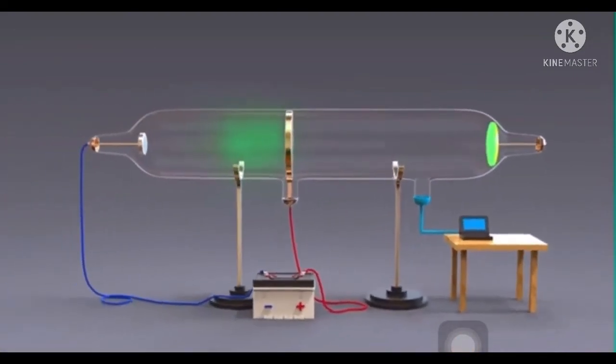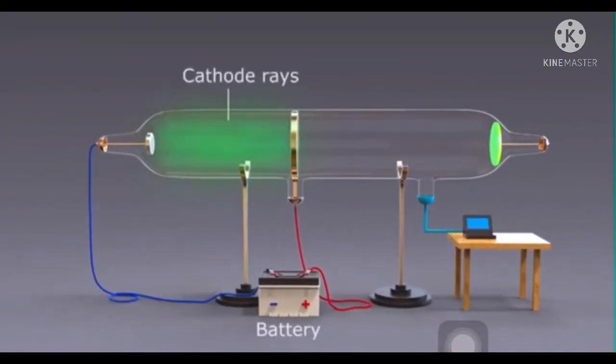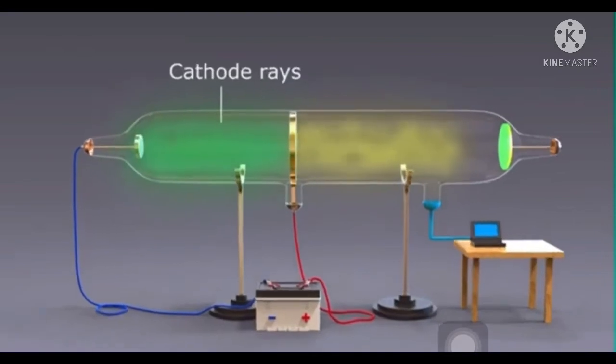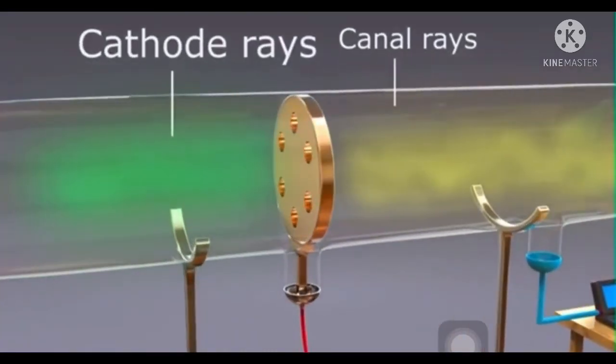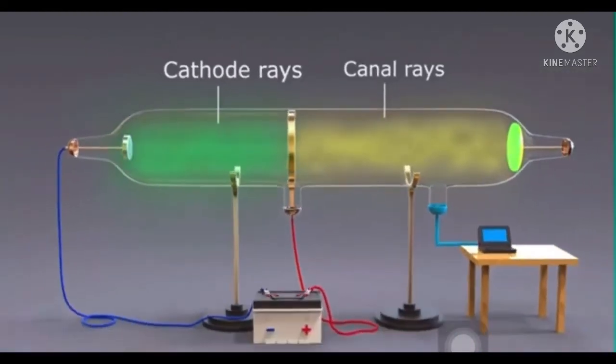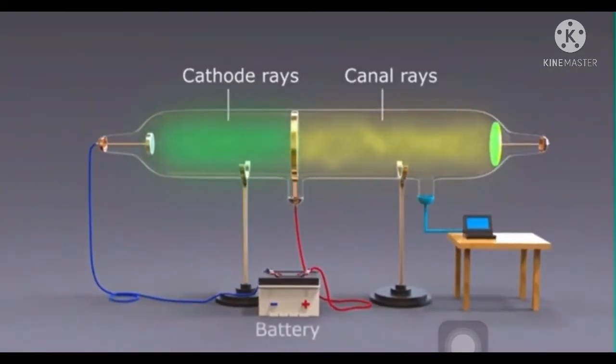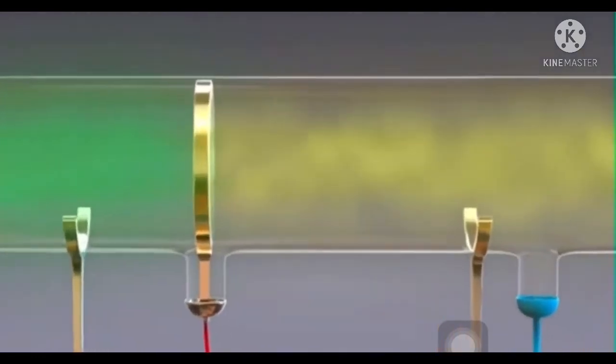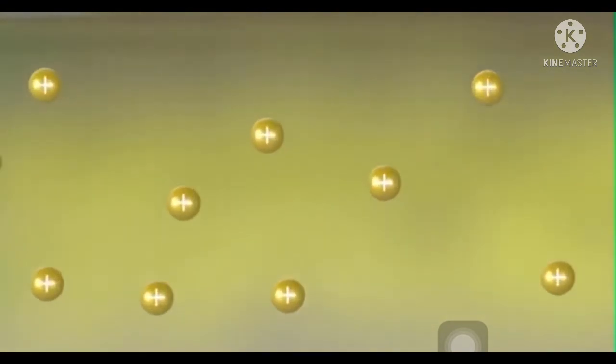On passing the electric current, rays were observed which travel in the direction just opposite to the cathode rays. These were named canal rays, as they passed through the canal-like hole. As the direction was opposite, it was concluded that these must be made up of positively charged particles called protons.